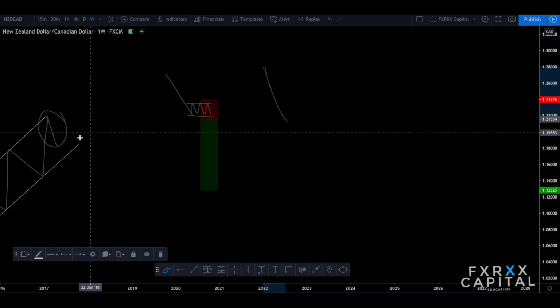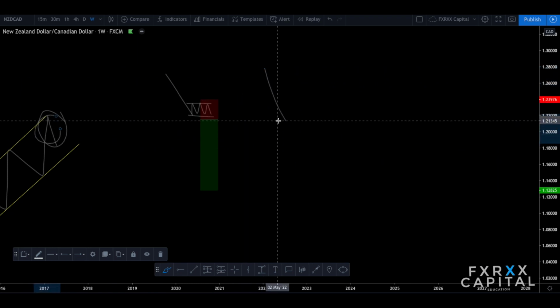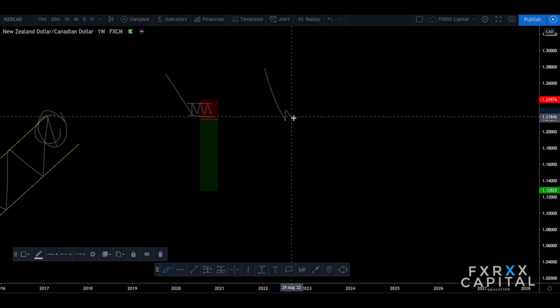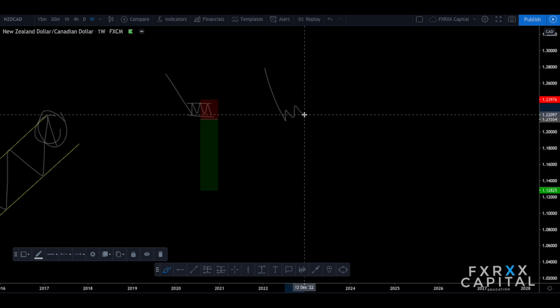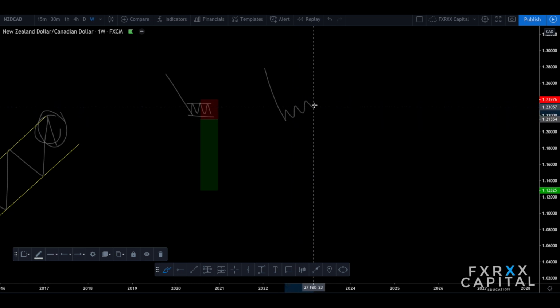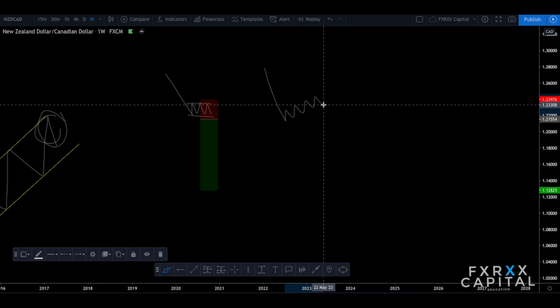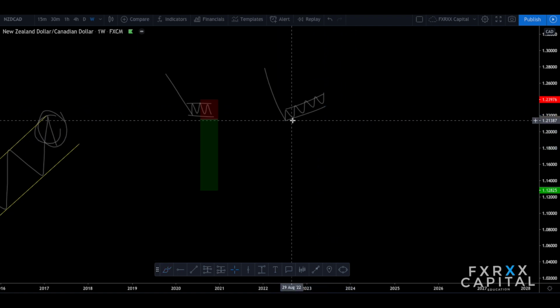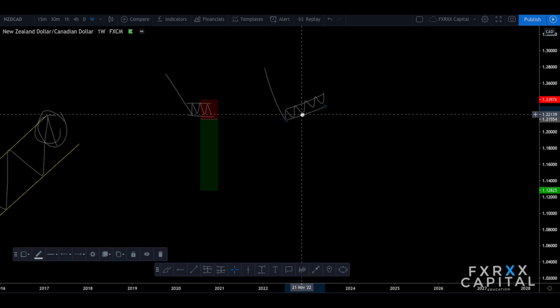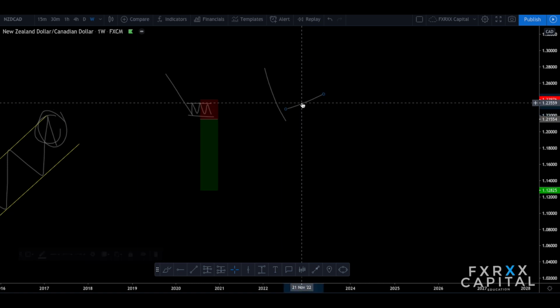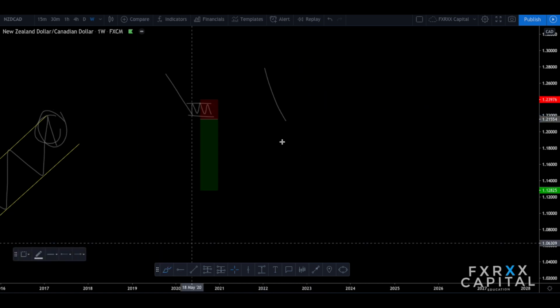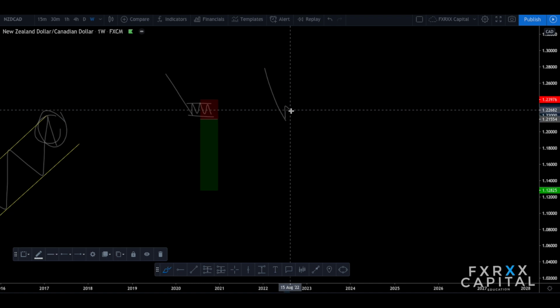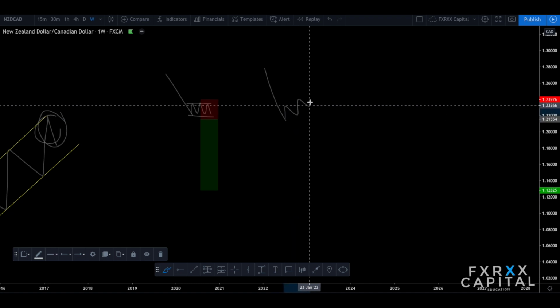Price impulses from this area, and price creates one steep flag, which is like one small ascending channel. This is one kind of flag that we want to avoid. Let me draw the flag a little bit clearer. The flag will create one ascending flag, what we call a steep flag.